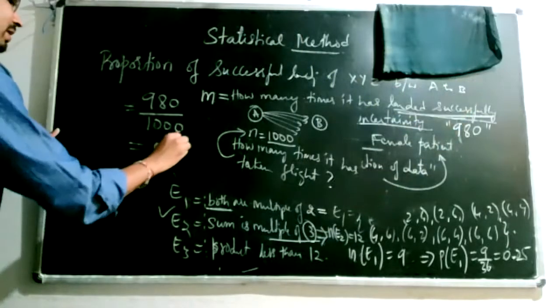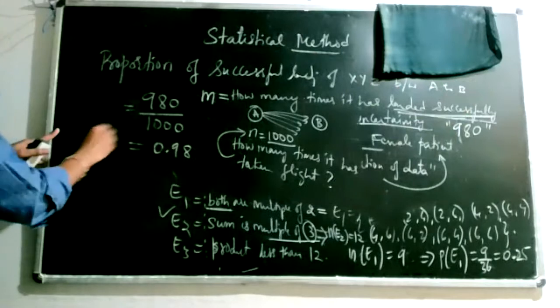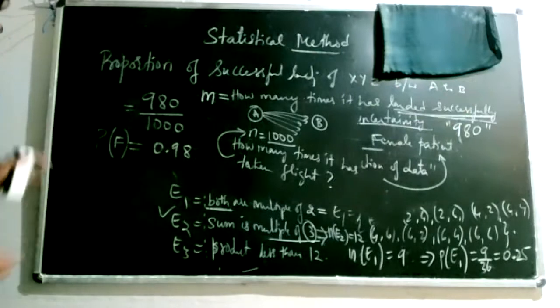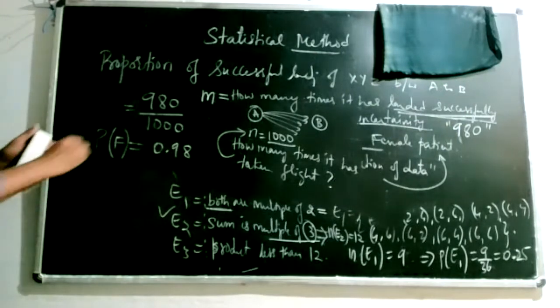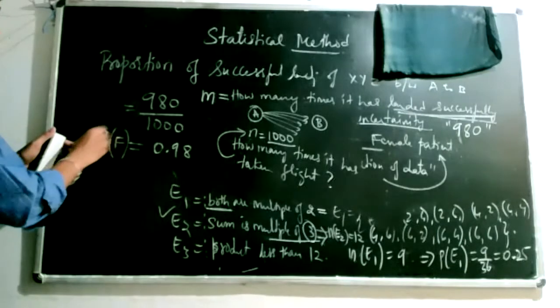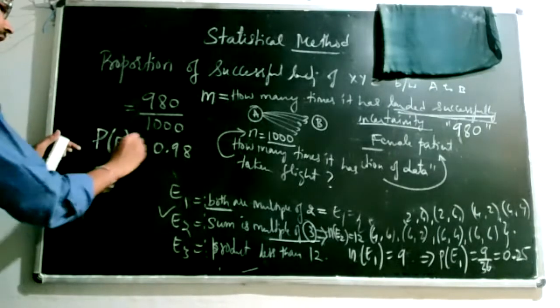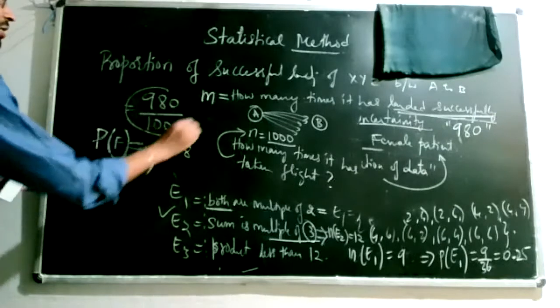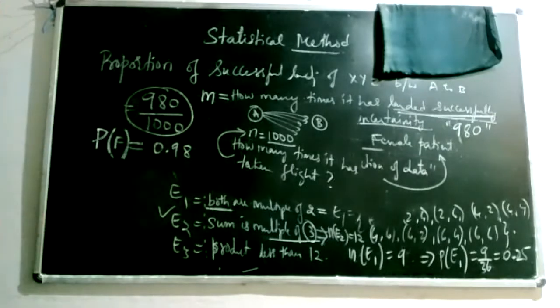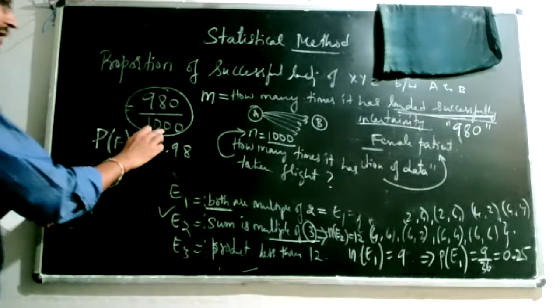So I could say there is a 98% chance that your flight XYZ will land safely. So this is how your past data helps in predicting the chances.